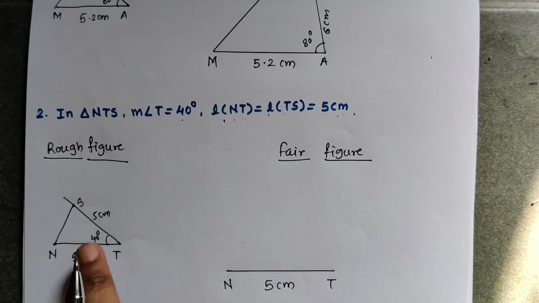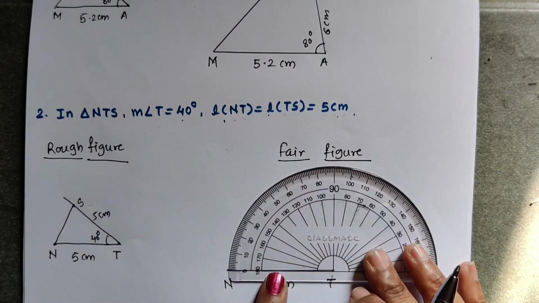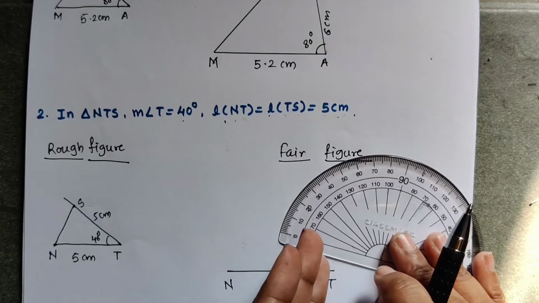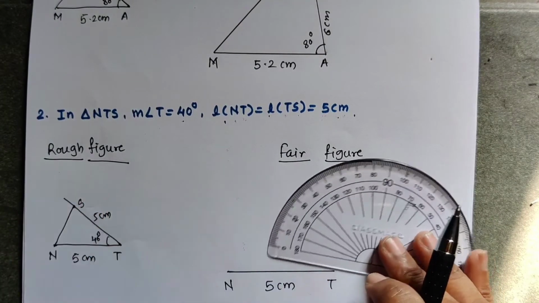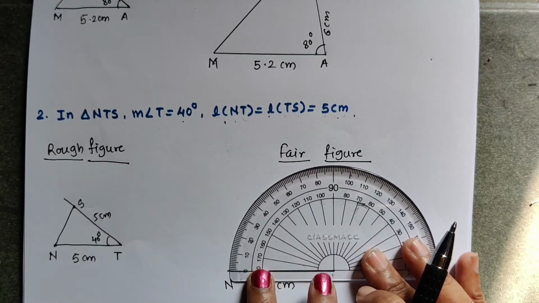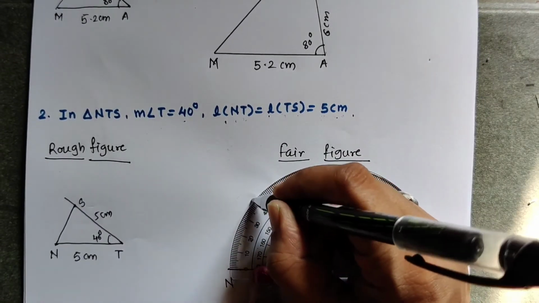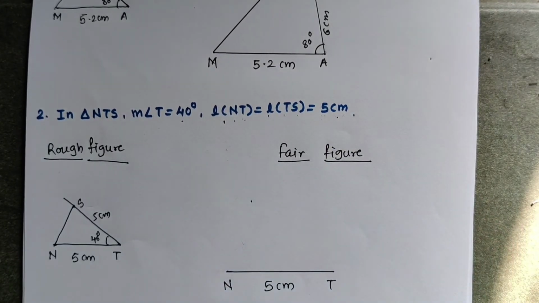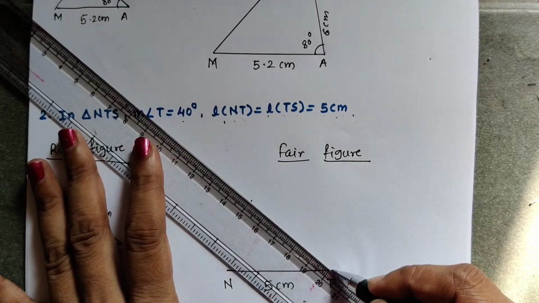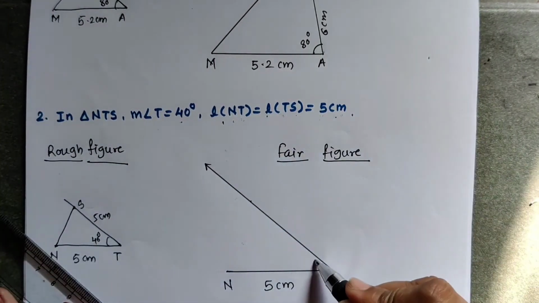Now we are going to draw the ray of 40 degree from point T. As the segment is at left hand side of point T, we start counting from the 0 of left hand side, till 40 we have to count here. I am going to mark the point here, and from this point we have to draw a ray of 40 degree. In this way we can draw the ray of 40 degree.